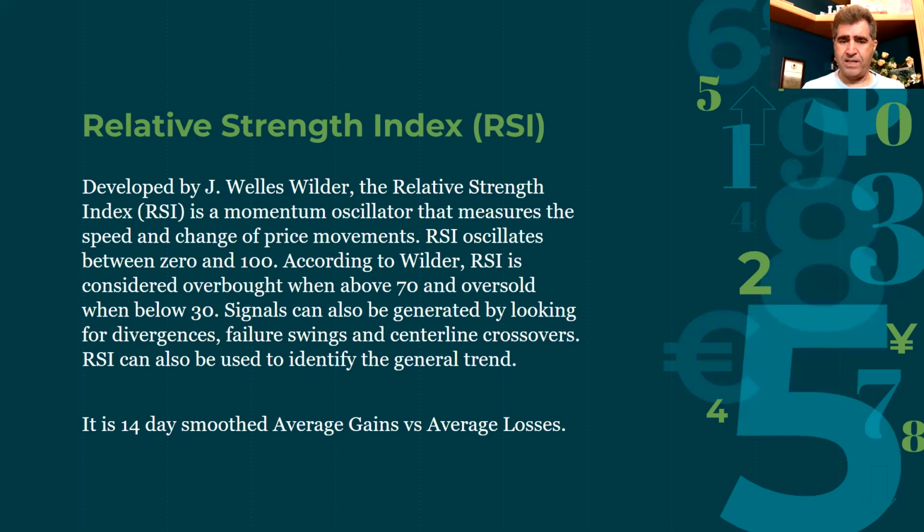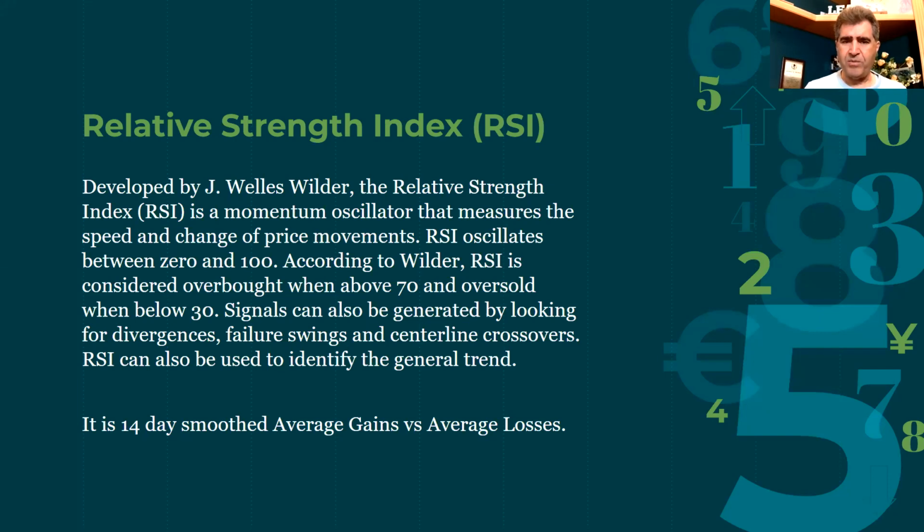For instance, Wilder uses 70 and 30 as his guidelines. Sometimes some markets have their own numbers. So let's say with Bollinger Bands or with Keltner channels or the stochastics, you can work with the numbers and change them.